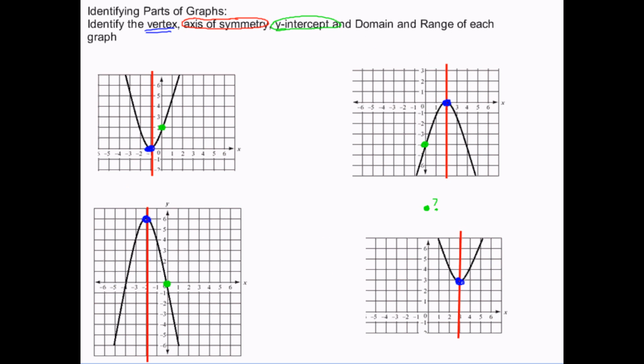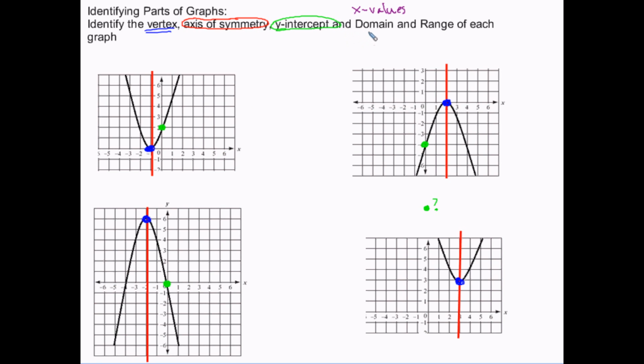Okay, the domain. The domain is all of the x values that will hold true. Now, while a parabola opens up or down, it will continue to expand infinitely as it travels along the y direction, and it'll spread out and spread out and spread out along the x direction.